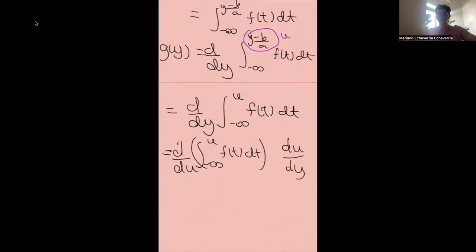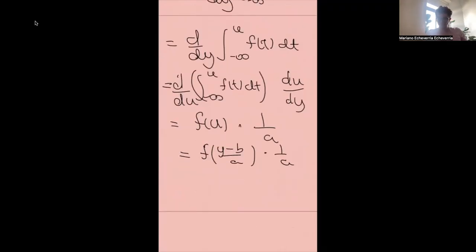And that gives you f of u times du dy. And what is du dy? That's just 1 over a. And what is u? So this is f of (y minus b) over a times 1 over a. So the density of Y, g of y, is equal to f of (y minus b) over a times 1 over a.